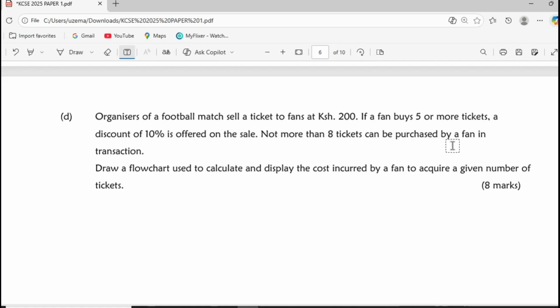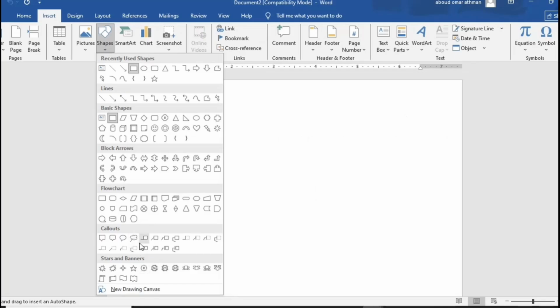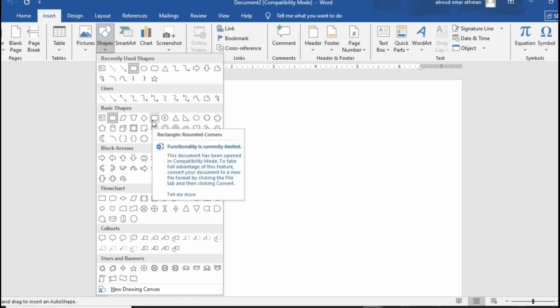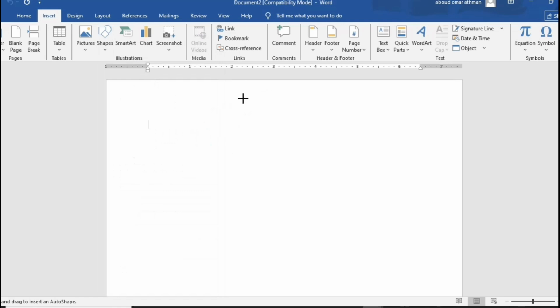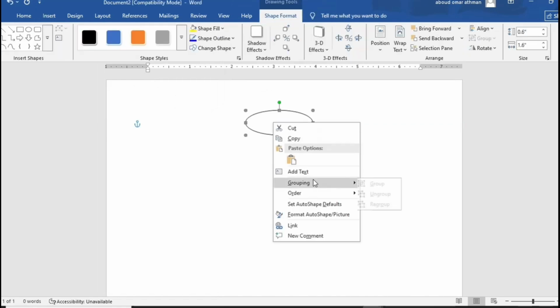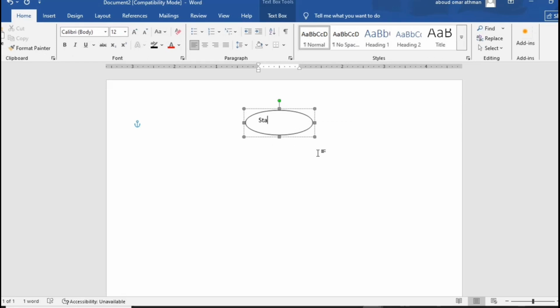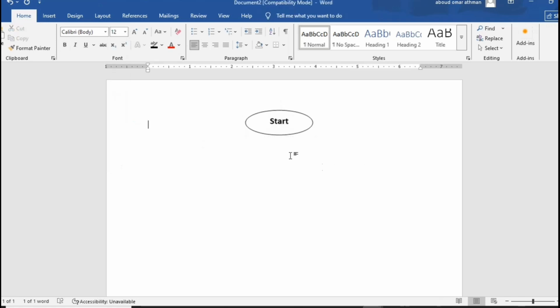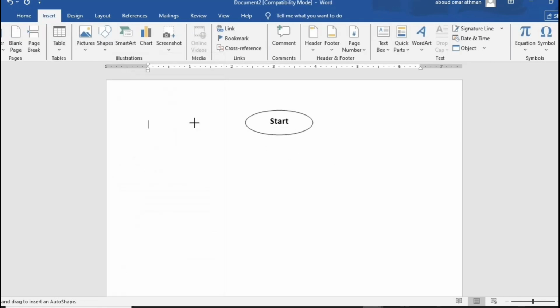Part D, drawing a flowchart. It carries 8 marks, and as a learner you are required to come up with a flowchart that is going to calculate the cost of the tickets bought by a fan. Based on the question, if you buy 1, 2, 3, 4 tickets, you will purchase each ticket at the cost of 200.